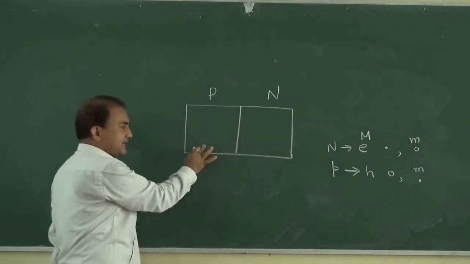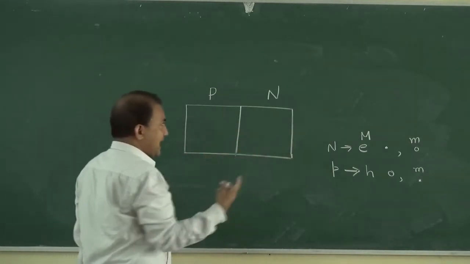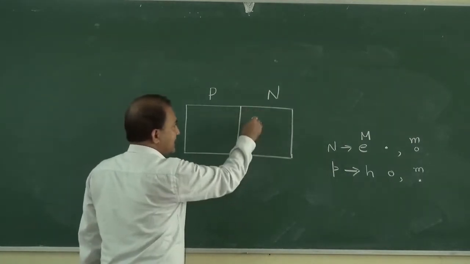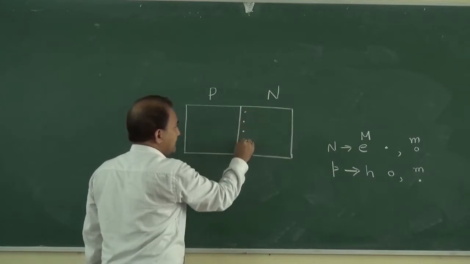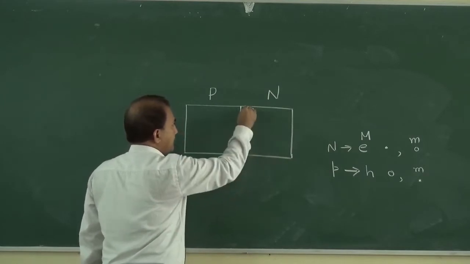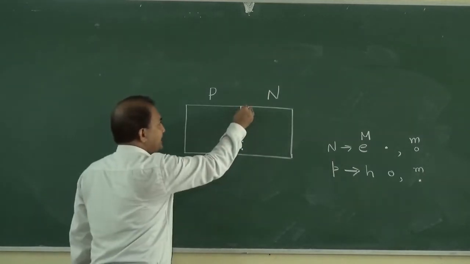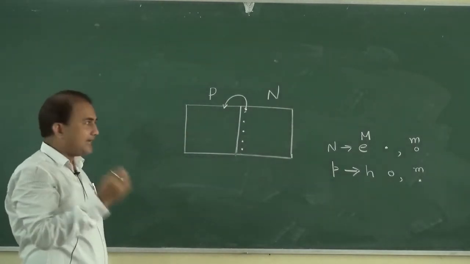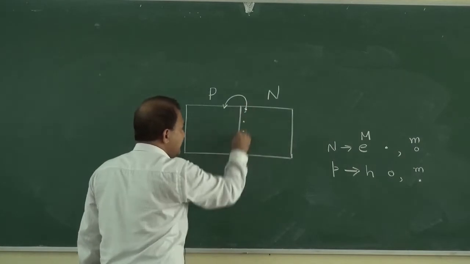Now, when p-type semiconductor is connected to n-type semiconductor, what happens? The electrons, the majority carriers on the n side, start to diffuse from n side to p side across this PN junction.